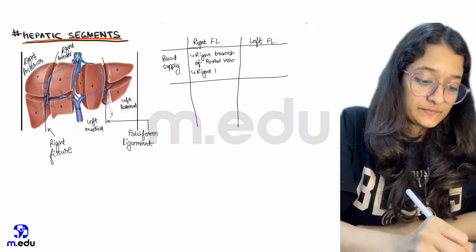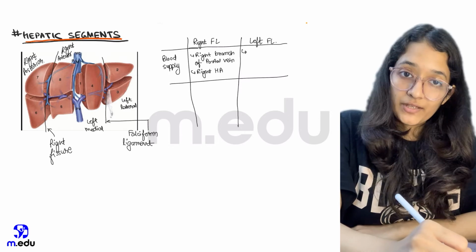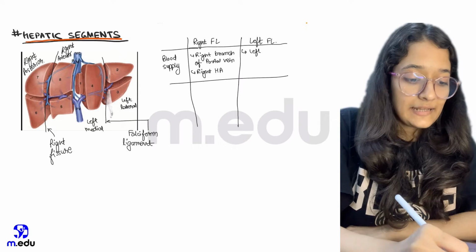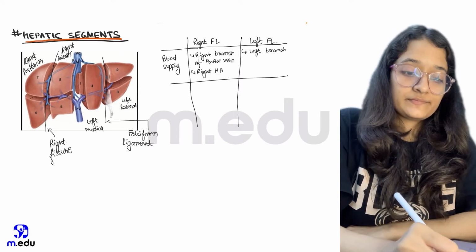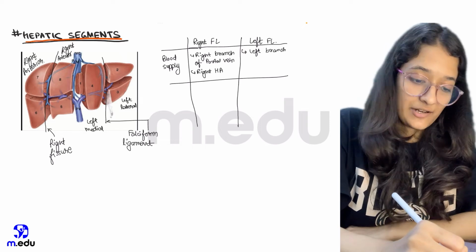And in the same way, the left functional lobe will be supplied by the left branch of portal vein and the left hepatic artery.